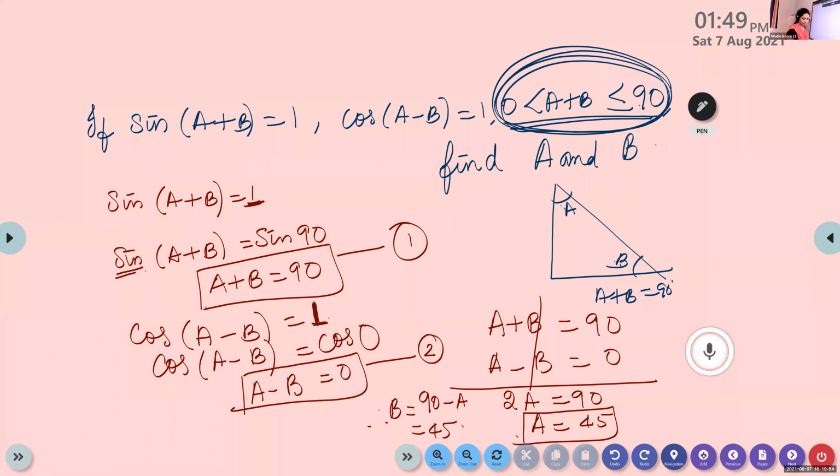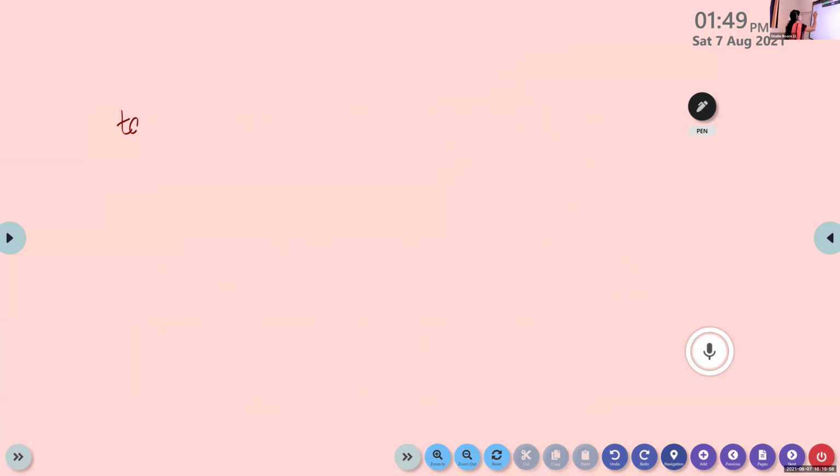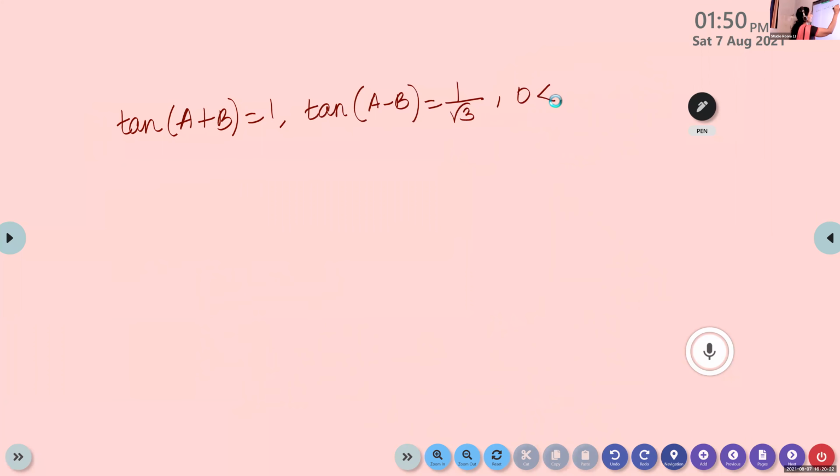Try the next one. Tan of A plus B is 1, and tan of A minus B is 1 by root 3. 0 less than A plus B less than or equal to 90.